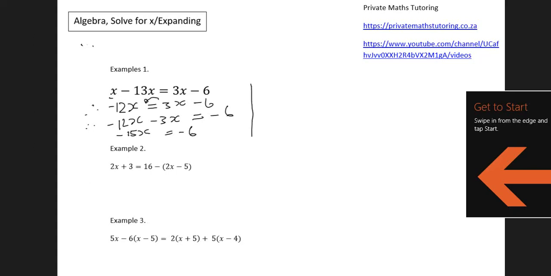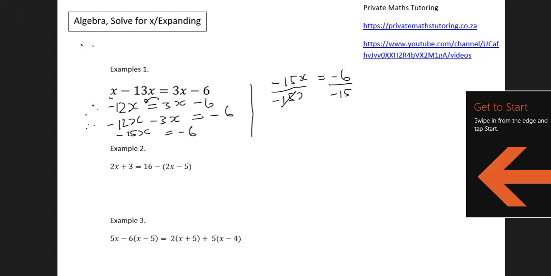So we can always carry on from this side. So we left with minus 15x is equal to minus 6, but we want to solve for x. So what we can do, we can divide by minus 15, and we divide by minus 15 this side as well.